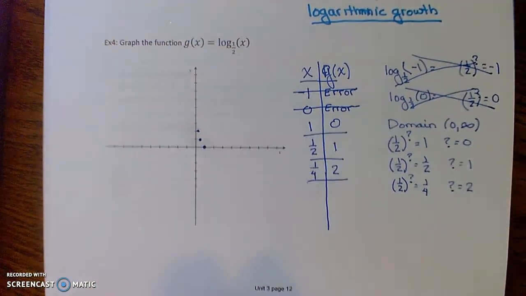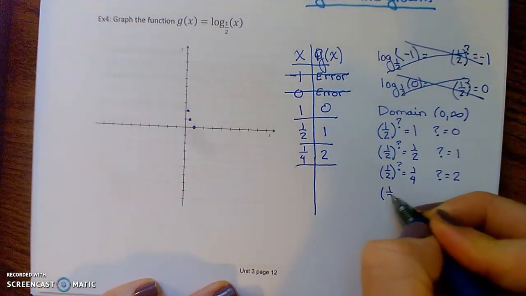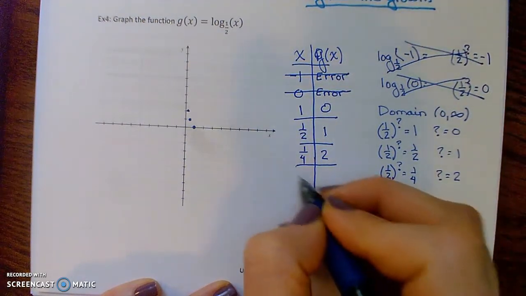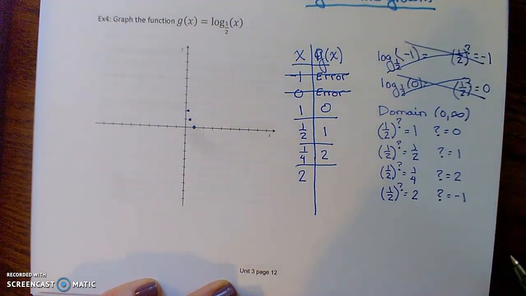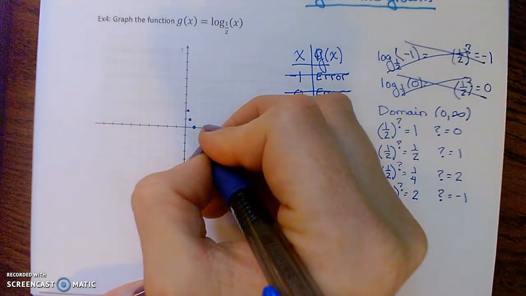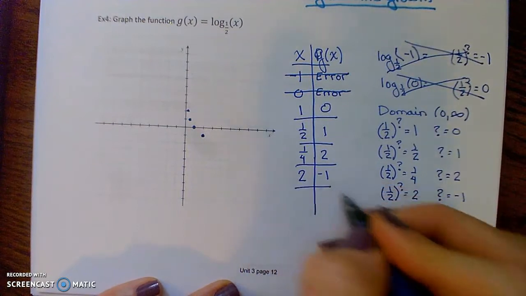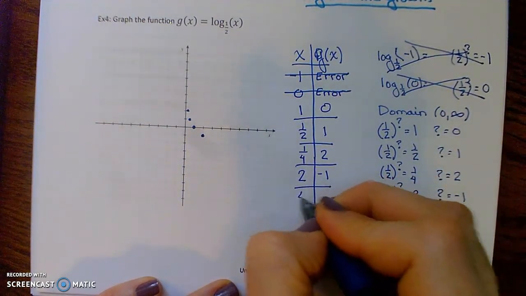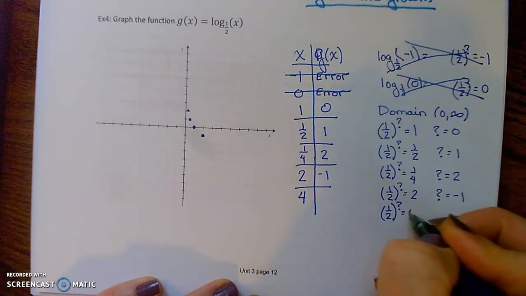Okay, now let's start plugging in the reciprocals. Like 1/2 to what power equals 2. So if I plug in the value 2, the exponent would have to be -1. Let's plug in another reciprocal power of 2, the value 4. 1/2 to what power equals 4?